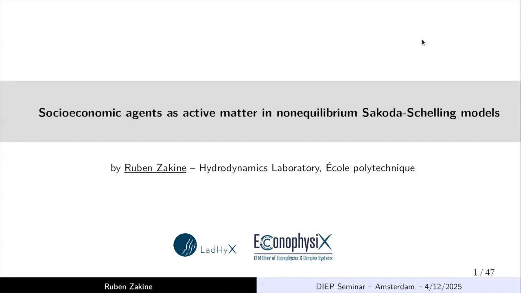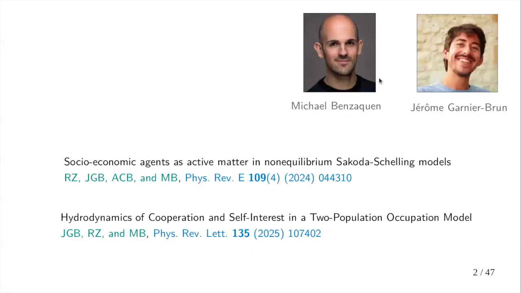So I come indeed from the field of statistical physics, active matter, and non-equilibrium systems. And this is how naturally I became interested in socioeconomic agents and in understanding the phase transitions in socioeconomic systems. This work is a joint collaboration with Michael Zakine, who was my postdoc advisor, and Jérôme Garnier-Brun.